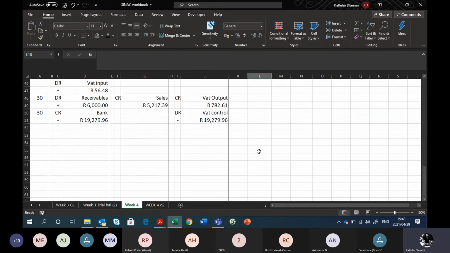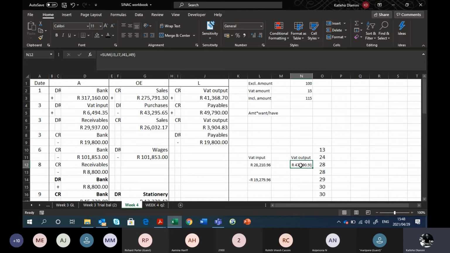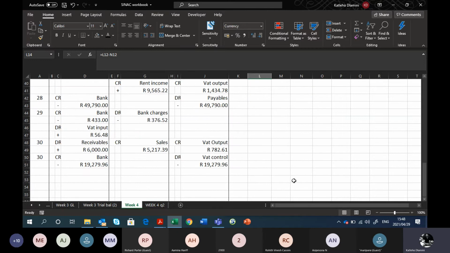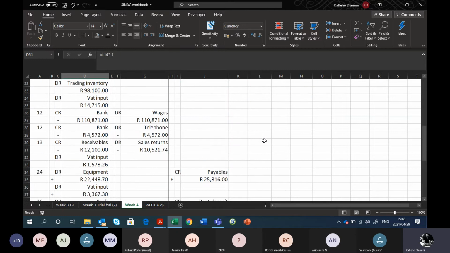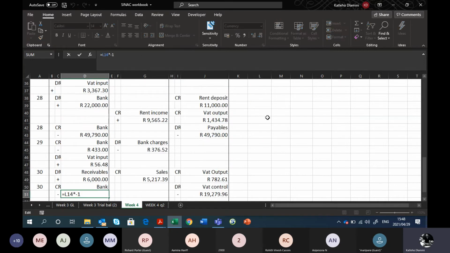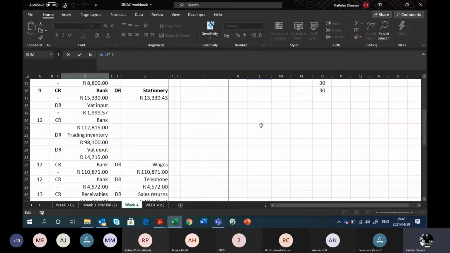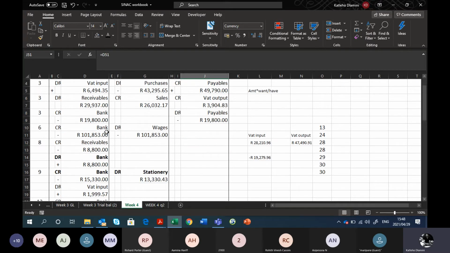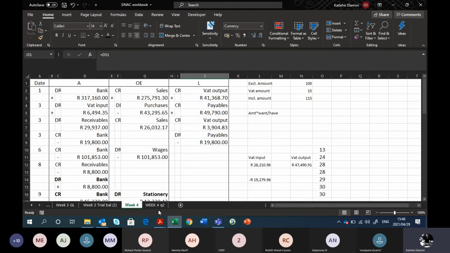So obviously if I go back, our VAT output is bigger than our VAT input, so we owe 19,279 rand. I just said equals that amount over here. So then I credit my bank account with this amount, because I'm paying this amount, and I debit my VAT control, because that's how much I'm paying now. That's what I did there. All right, so that's it for that one.